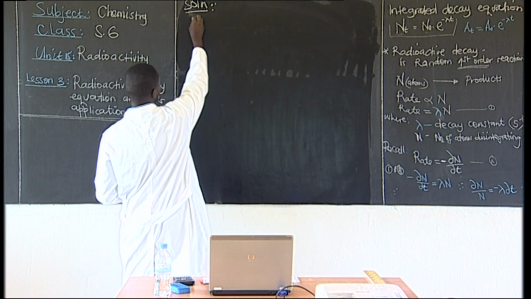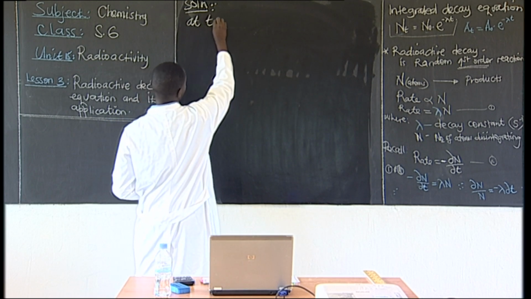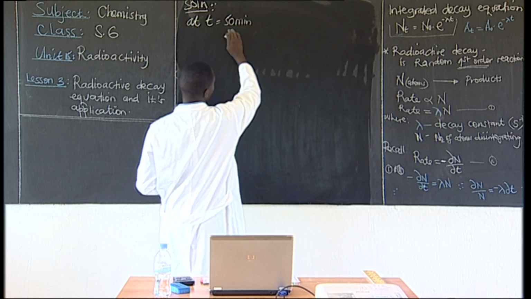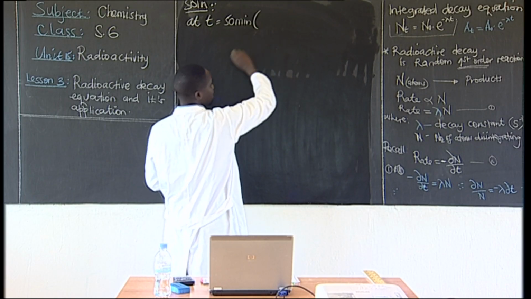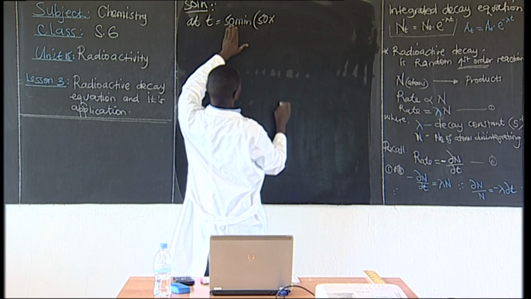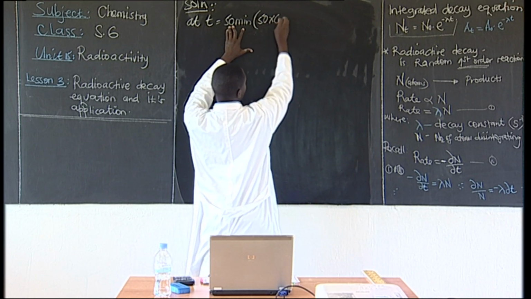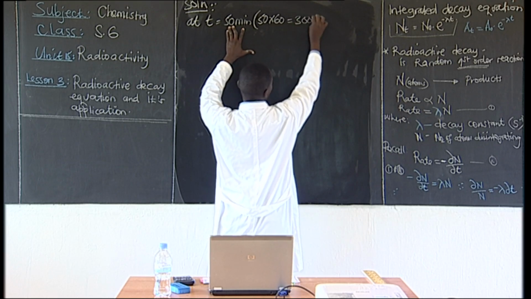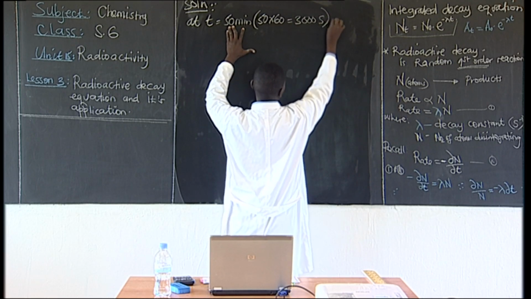We have time equaling 50 minutes. We need to change minutes always into seconds, and that involves 50 times 60, which will become, quick math, 3,000 seconds.